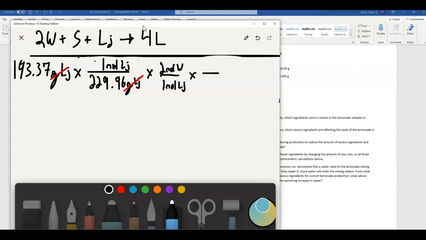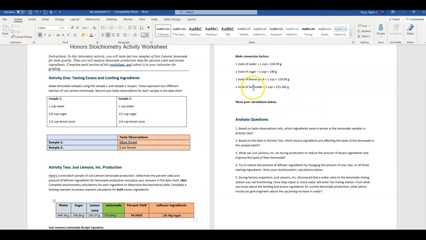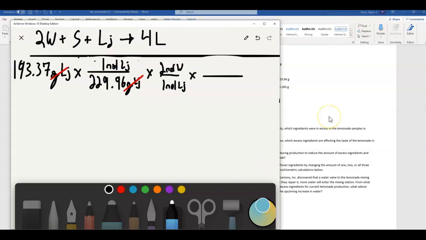Oh my gosh. There we go. Okay, so for water, 1 mole is 236.59. So let's put that in. 236.59 over 1 mole of water.